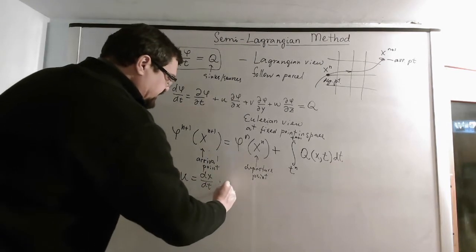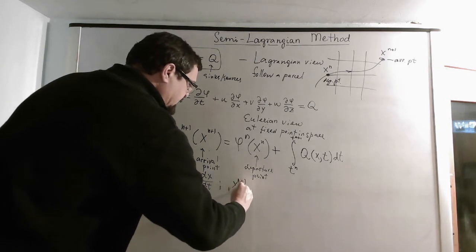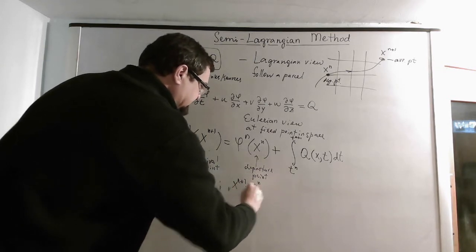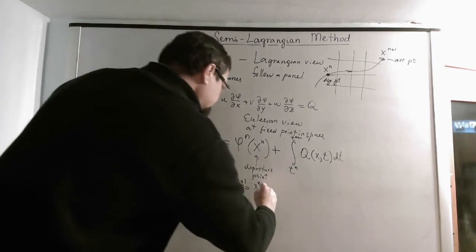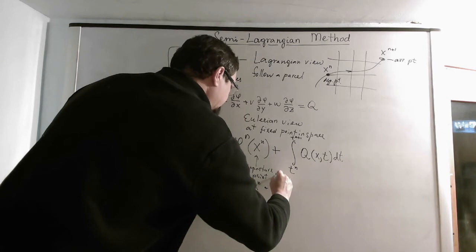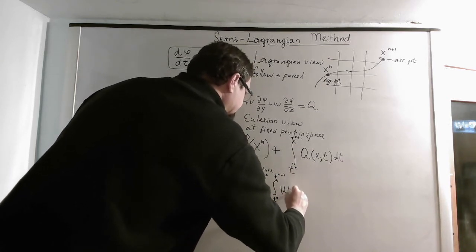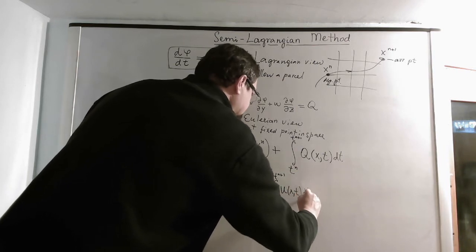So you can compute x at n+1 equals x at n plus the integral from tn to tn+1 of u, a function of x and t, dt.